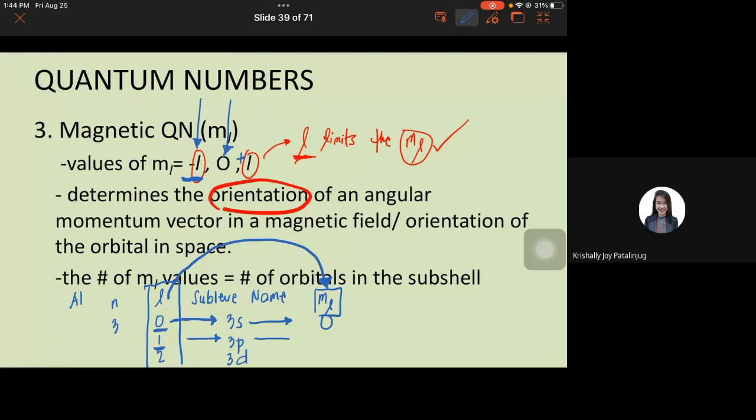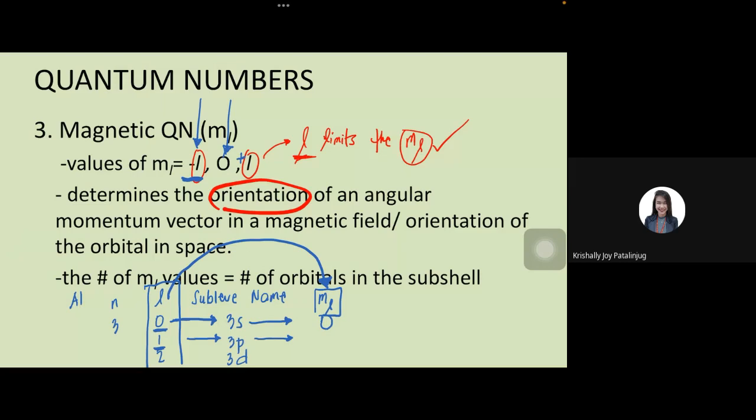If L is 1, of course, the value 1 has a negative and a positive. So it should be from negative 1, followed by 0, to positive 1. So that's how you write the m sub L values: from negative L to 0 to positive L.